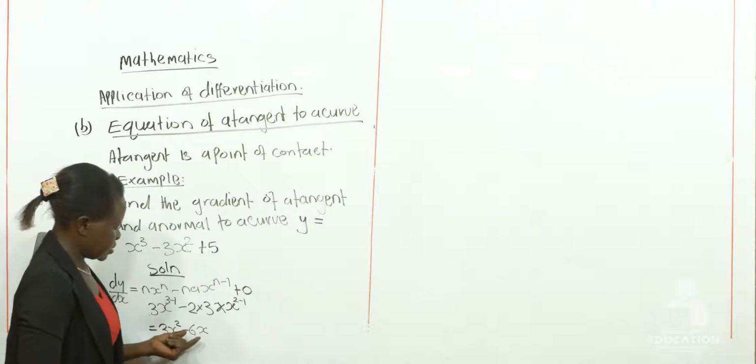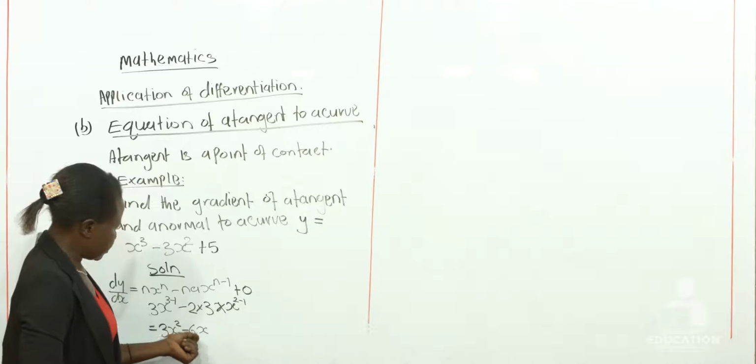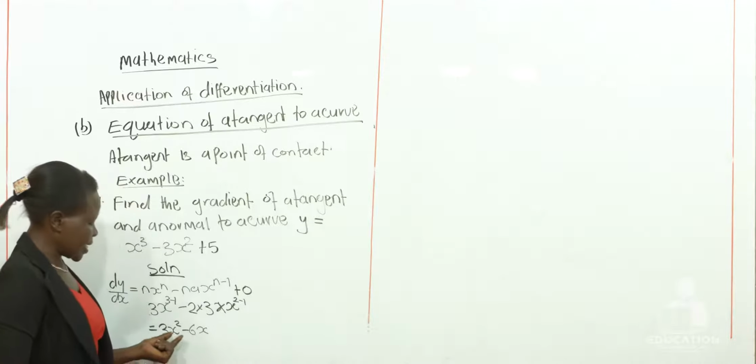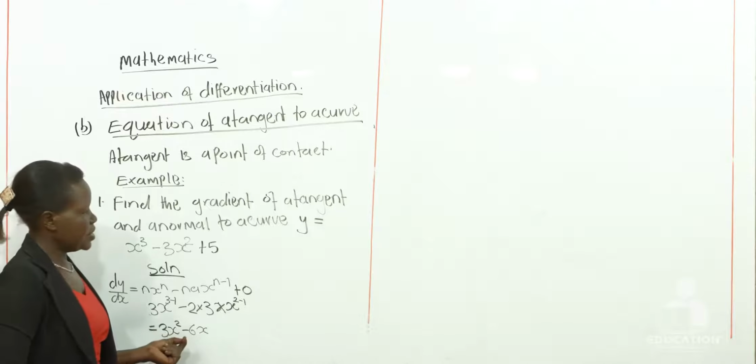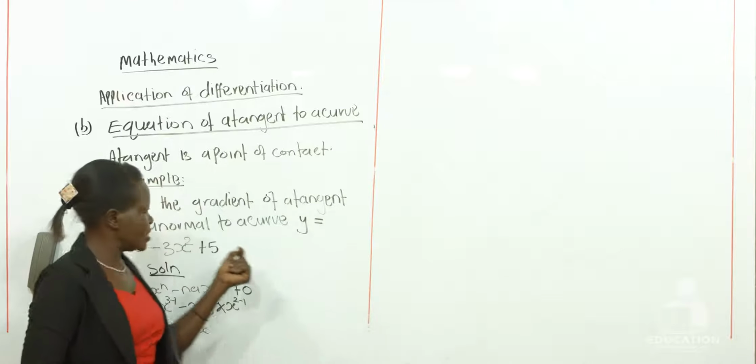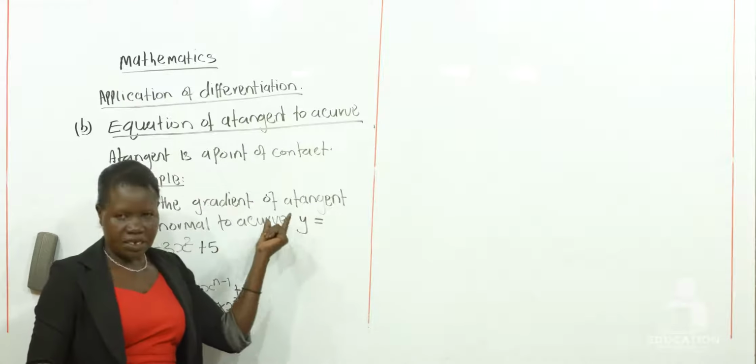So 3x squared minus 6x. Now for us to find the gradient of this, the question must have given us the points. But in this case, the points are not given.